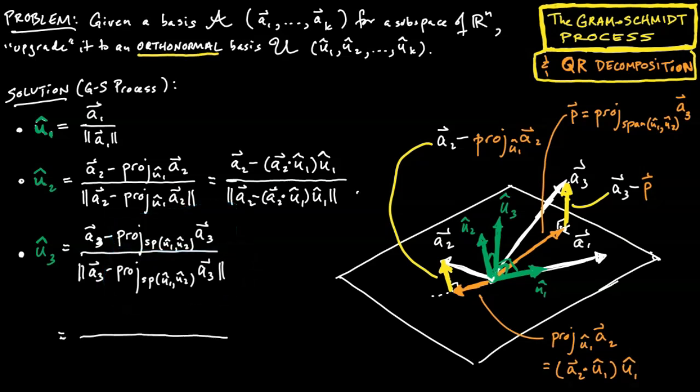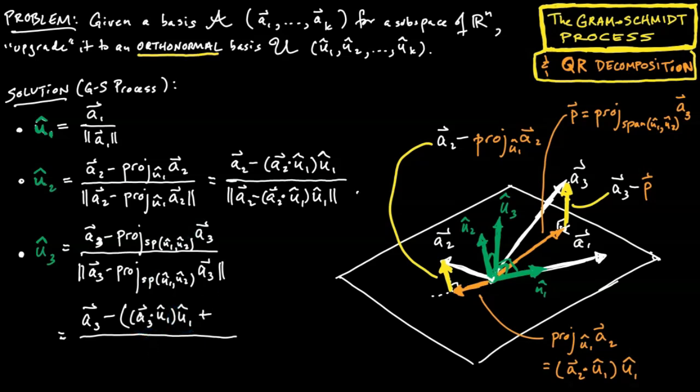So we could rewrite all this stuff, and in place of that projection, we could write, well, what is it? To project A3 onto the two-dimensional subspace spanned by these orthonormal vectors, well, you remember how that works. It's just a sum of the projections of A3 onto each individual unit vector. So first we project A3 onto U1, which gives us A3·U1 times the vector U1.